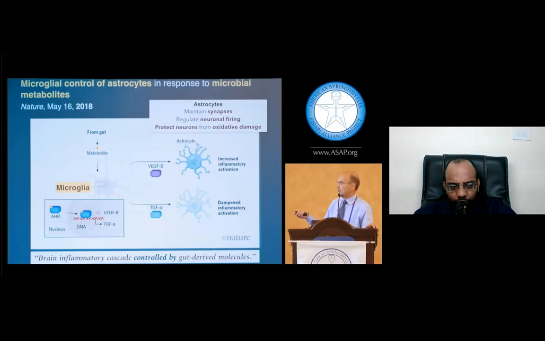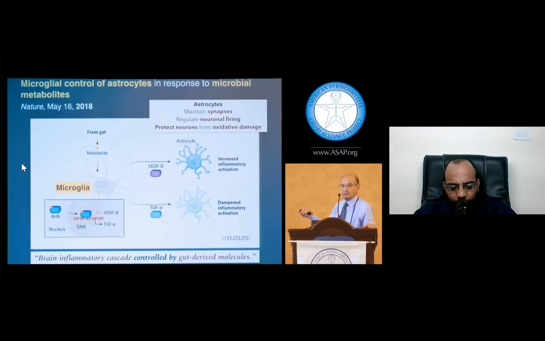Depending on the metabolite, the microglia can inflame your astrocytes, or it could de-inflame them, if you will, calm them down. The reason this is so important is that now we're seeing some of the pathways laid out. How does it affect our astrocytes? And why are the astrocytes important?